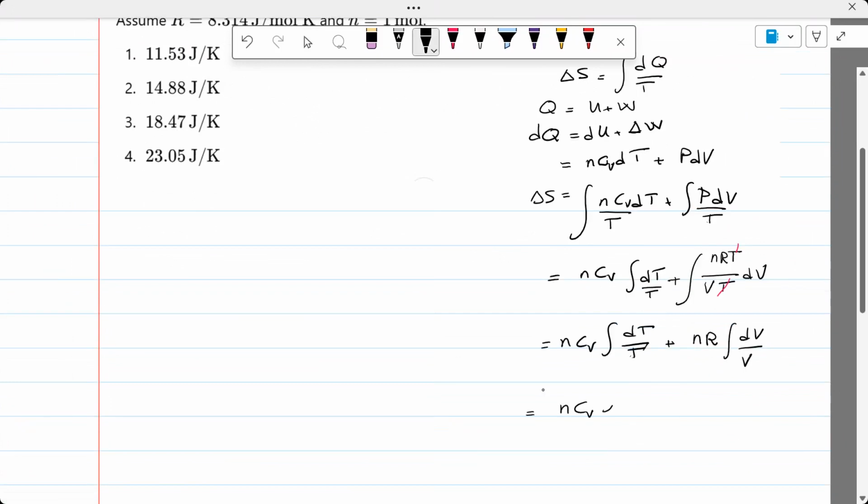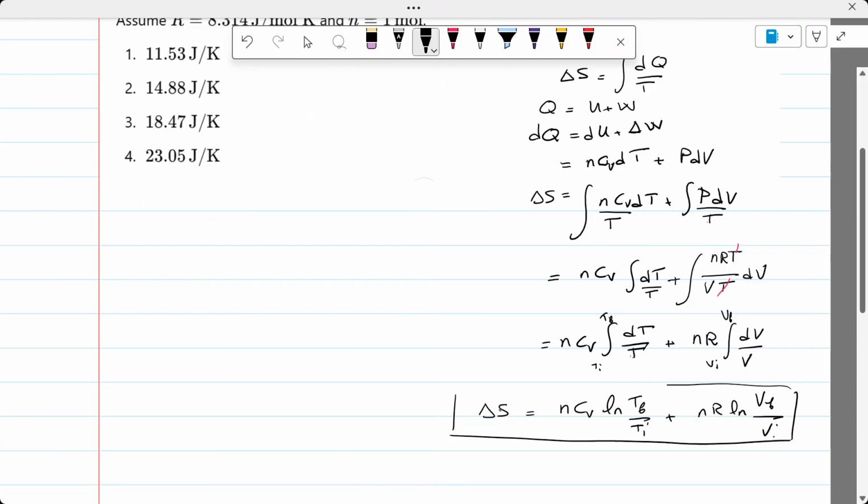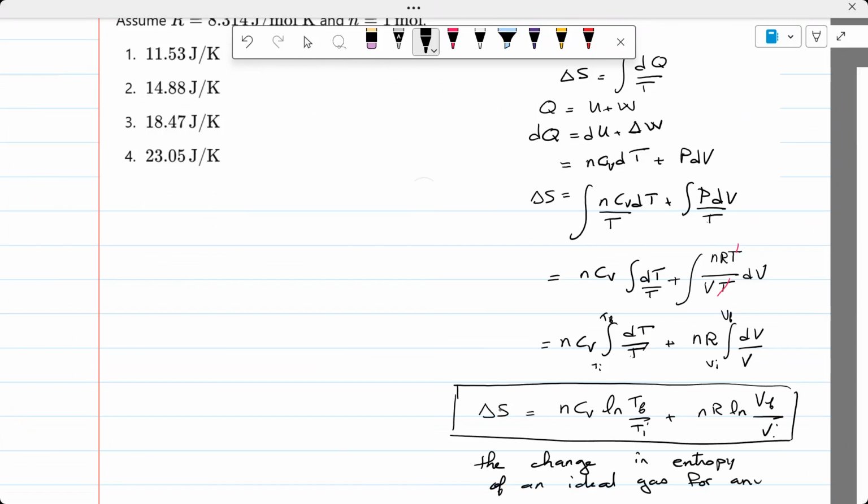So you can see how this will look like nCV ln T final over T initial, if we are integrating from some initial to final temperature, plus nR ln V final over V initial. This formula represents the change in entropy of an ideal gas for any process.